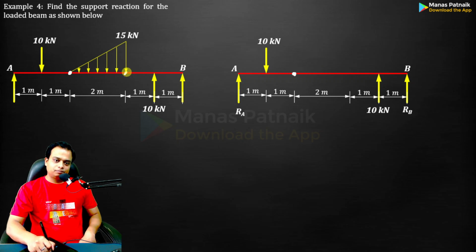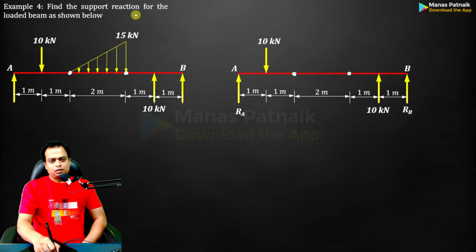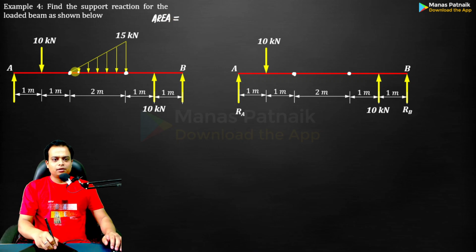So take a look. 2 meters, 2 meters somewhere here. Okay, so what we can actually do is calculate the area of the triangle. Here it is. Sir, this actually is 2 and this height of the triangle is given as 15.